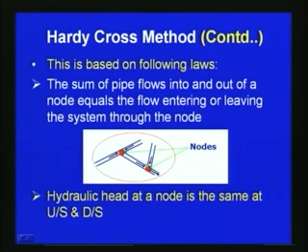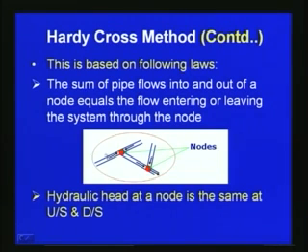If you consider a network like this, you can see a part of the network shown with various pipes, and two nodes. The Hardy-Cross method is based upon the assumption that the sum of pipe flows into and out of a node equals the flow entering or leaving the system through the node.